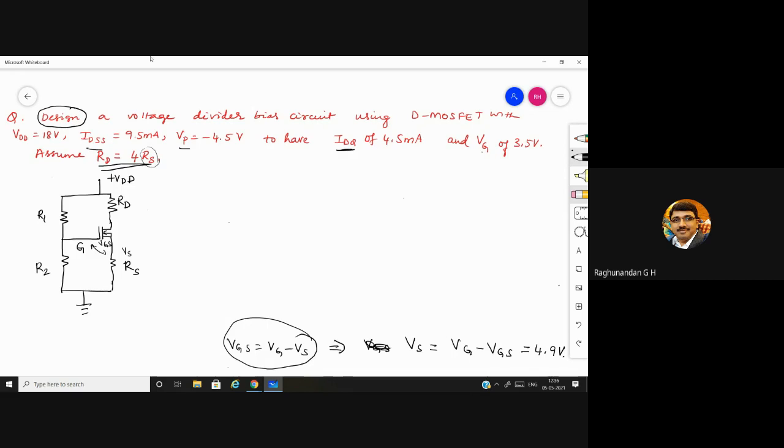Very good, very good. So use the same equation. VGS is equal to VG minus VS, and VS is the voltage across RS. VS is IS into RS, and we have taken ID approximately equal to IS. So instead of IS we can replace it as ID. So write it as ID into RS, and on the other side we can write VGS.